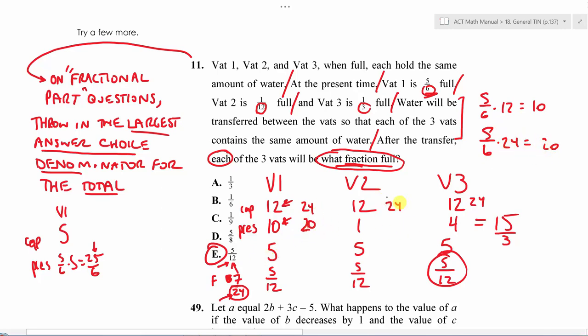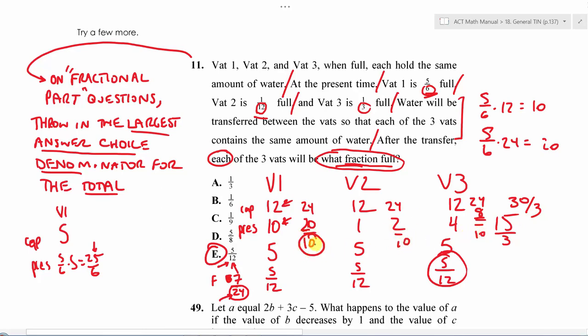And then for vat 2, 1/12 of 24 is 2. For vat 3, 1/3 of 24 is 8. So there are 20 and 2 and 8, which is 30 gallons in all 3. If we split 30 among the 3, we get 10, 10, and 10. Well, watch what happens.